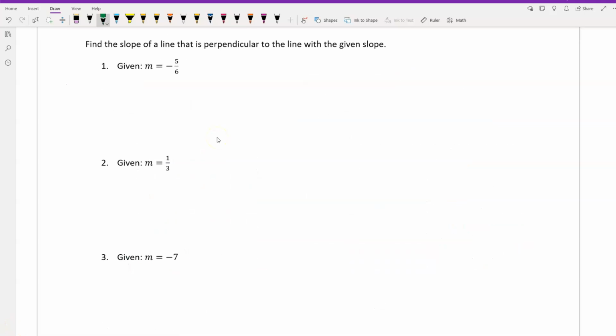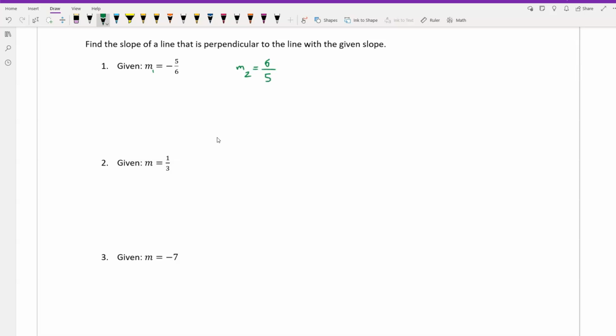Example: find the slope of a line that is perpendicular to the line with the given slope. Number 1, our slope is -5 over 6. If we have this one as m1, m2 will be opposite and reciprocal, so negative times negative is positive, and we have the reciprocal, so it's 6 over 5.